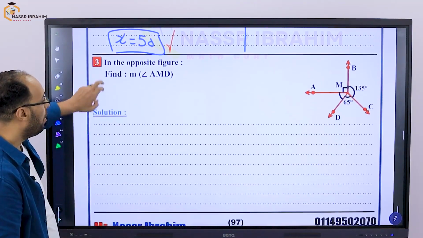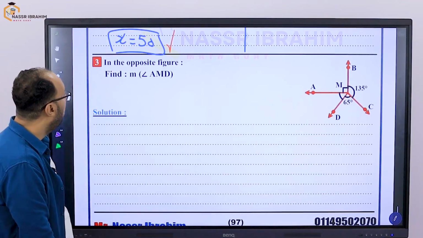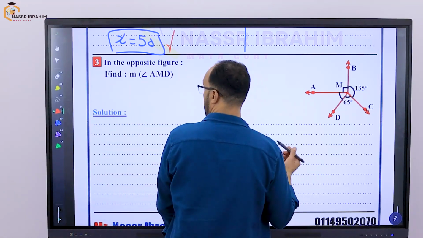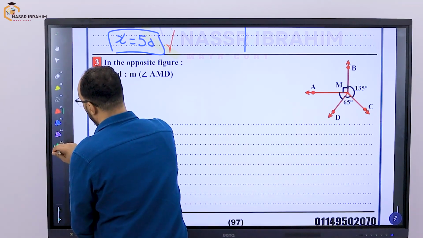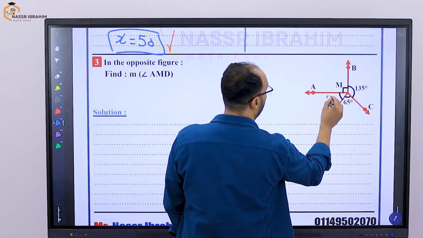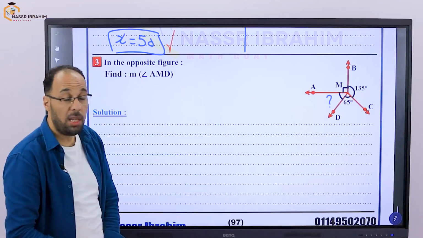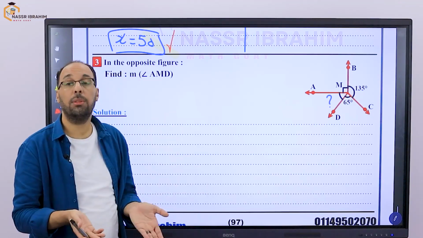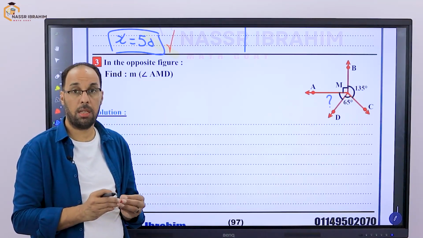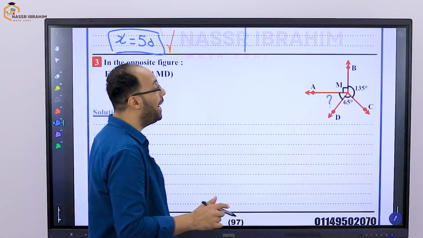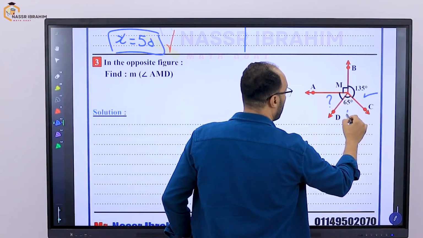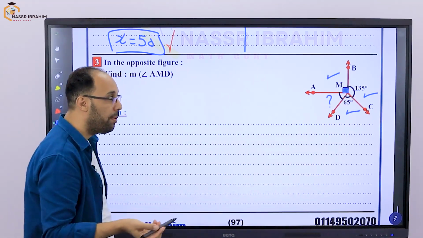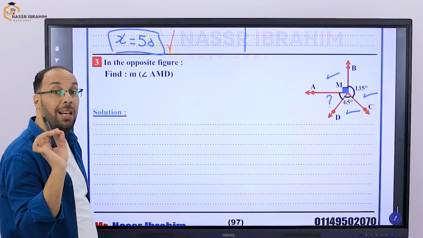The second one: find the measure of angle AMD. I'll write it with the question mark sign. As you see, there are angles around the point, so the sum will be 360. We will add 135, 65, and 90, because here we have a small square, and then we will subtract the sum from 360.